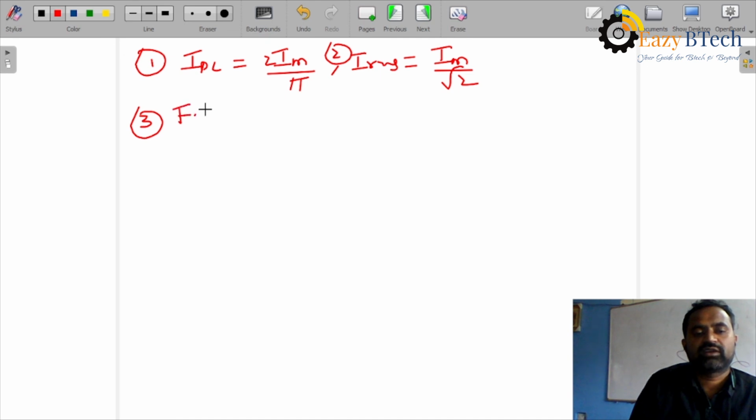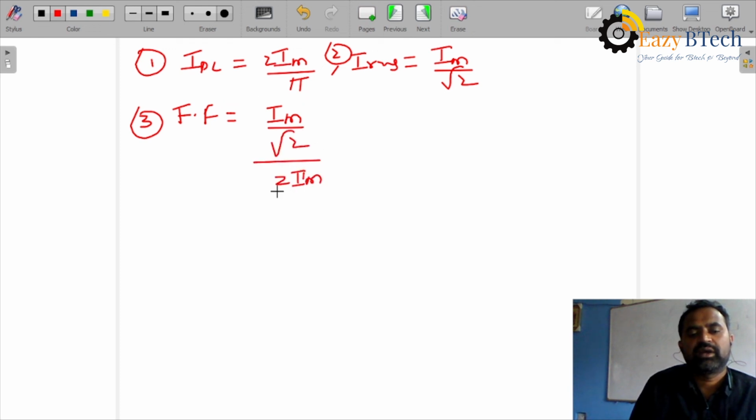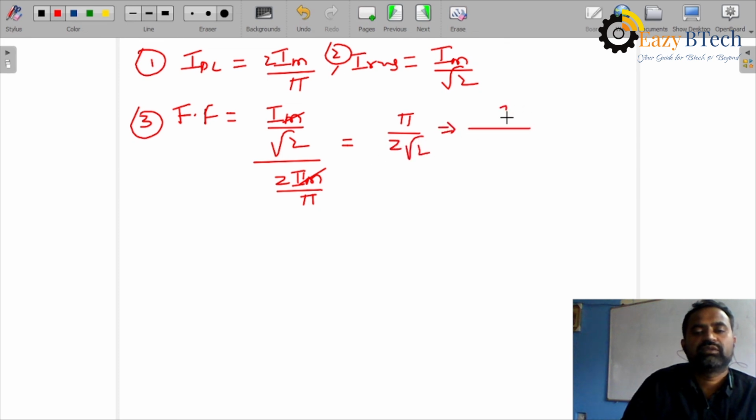First, form factor: RMS value to average value, RMS value Im by root 2 by average value 2Im by pi. Now here Im will get cancelled, we will write pi by 2 root 2, this is the value we will get for the form factor, approximately 1.11, you will get this numerical value.